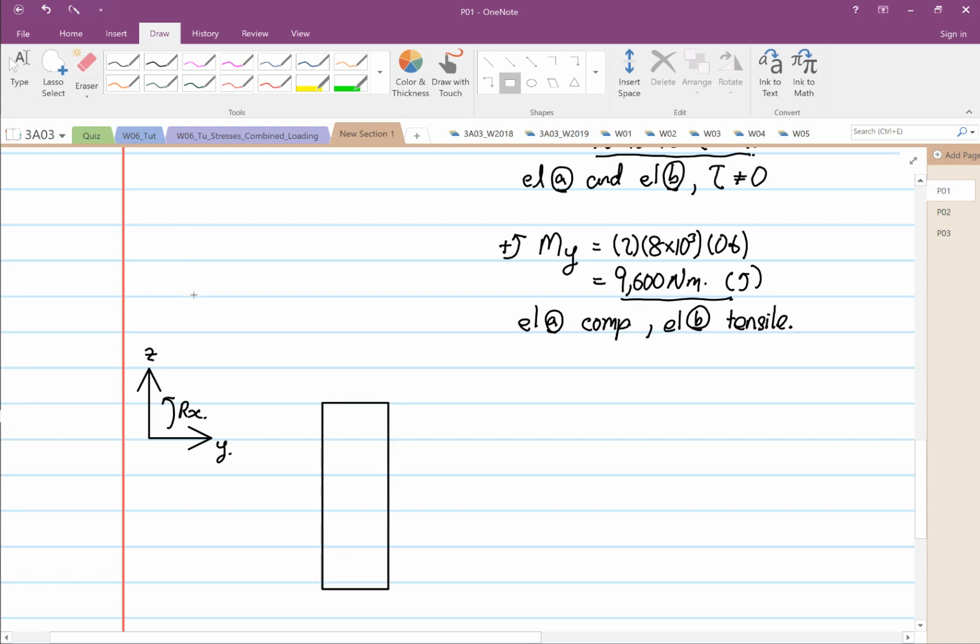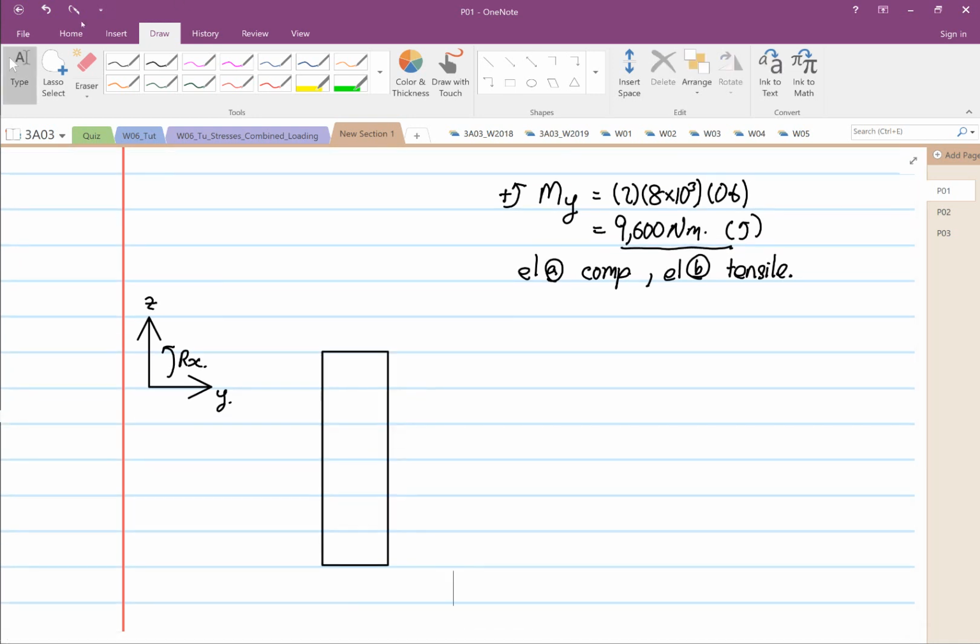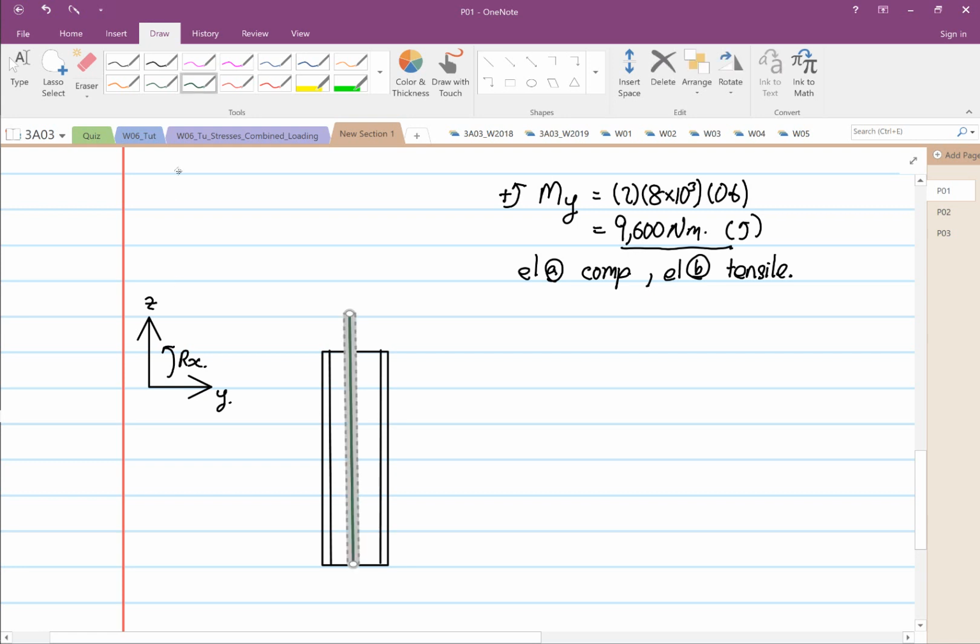You can sketch as much detail as you want. In this case, I can see the 2 lines coming down here if I view it there. I hope you will not get confused. Then we have the position of the neutral axis again.